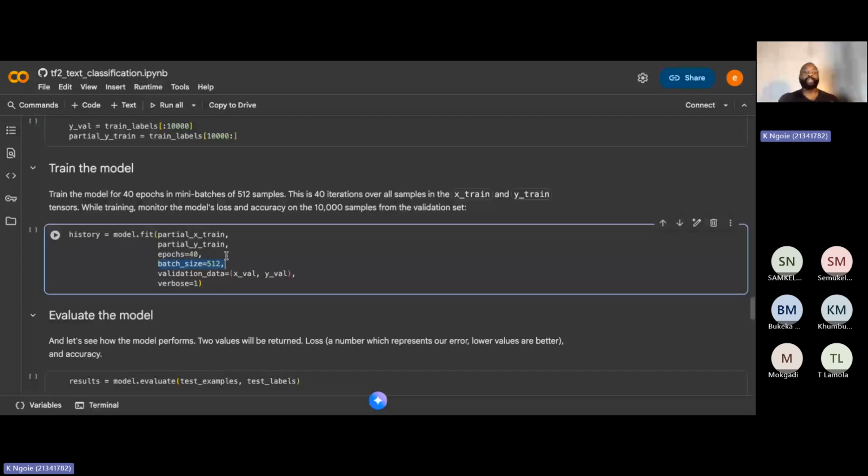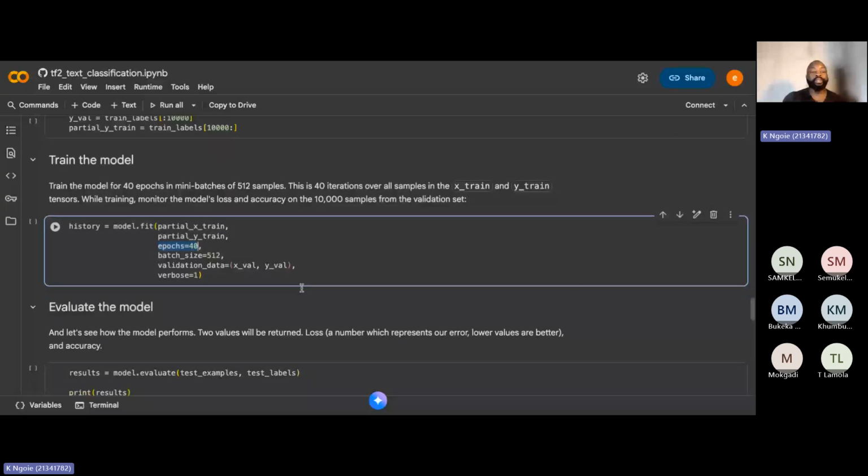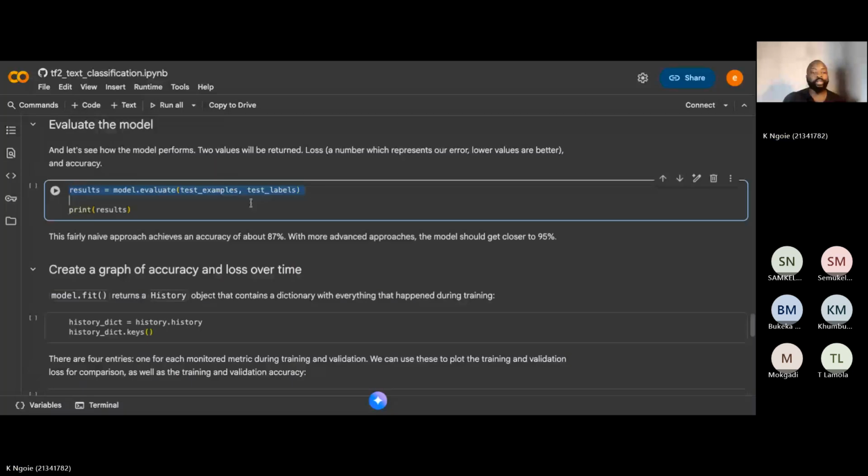That's the number of samples used to change the weights at each iteration. And then we have the epochs. Epochs are the number of times we're going to train this model. All right. And then we can evaluate the model here.